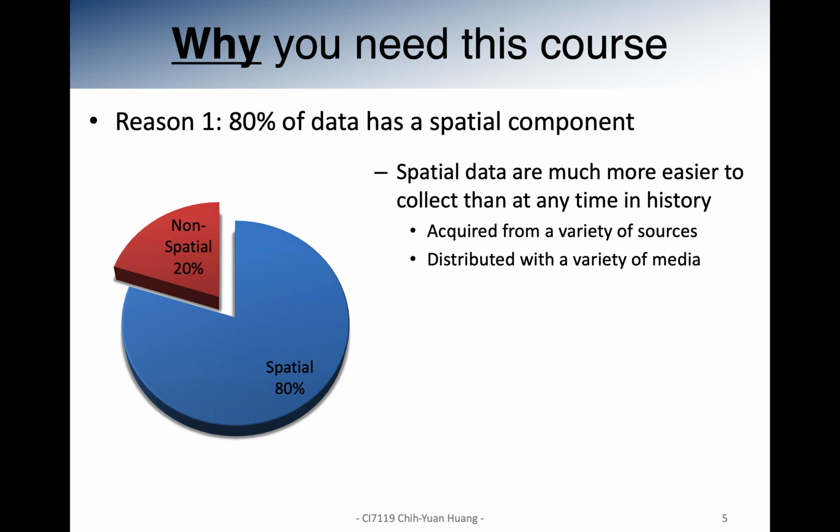That research went through all the Wikipedia pages and tried to identify whether each page has some geospatial components or not. According to that research, I believe the final outcome is about 75 or 76 percent of Wikipedia pages have geospatial components, which is pretty close to the statement that 80% of data has a geospatial component.